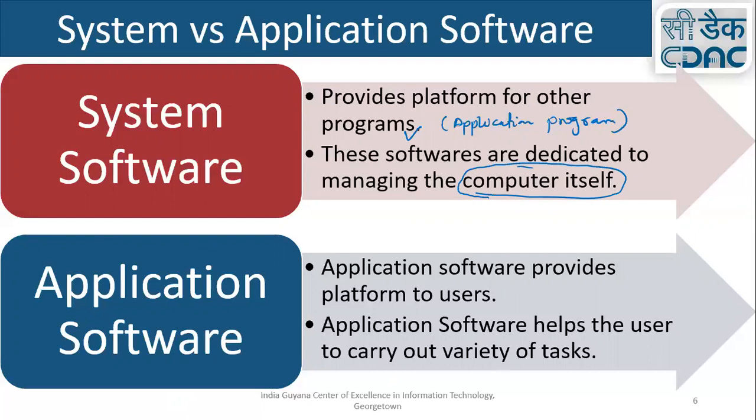What is application software? Application software provides a platform to the users, not a platform to other programs. You see here, system software provides a platform for other programs, and application software provides a platform for users.